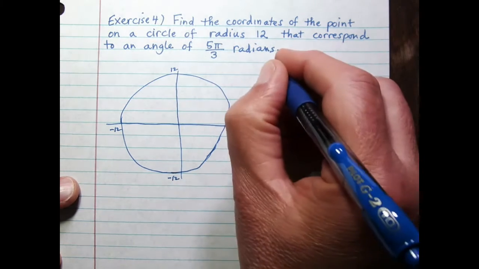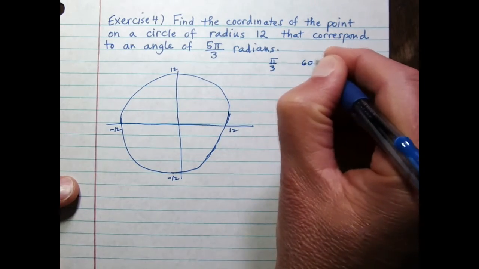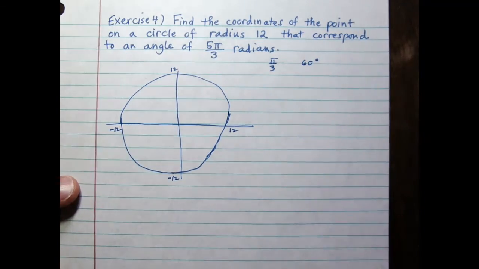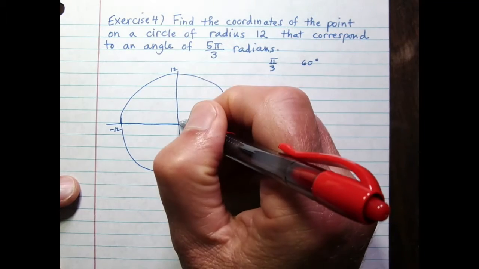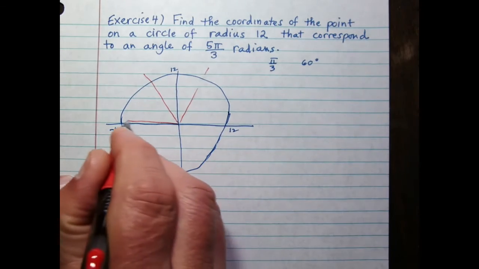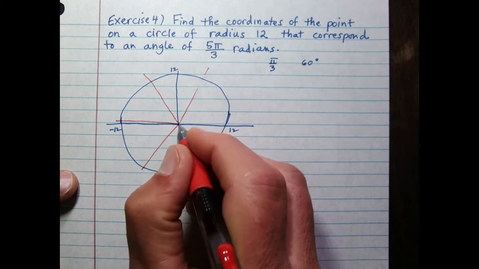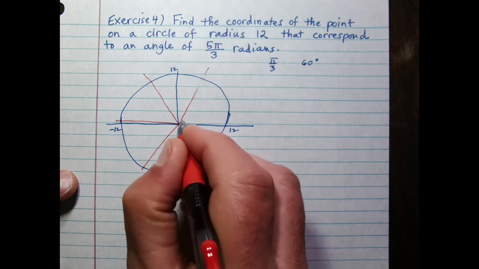Now let's think a little bit about that. It's a multiple of pi over 3, which we know is 60 degrees. So if we think of those multiples of 60 degrees, it's like 60, 120, 180, 240, 300, 360.